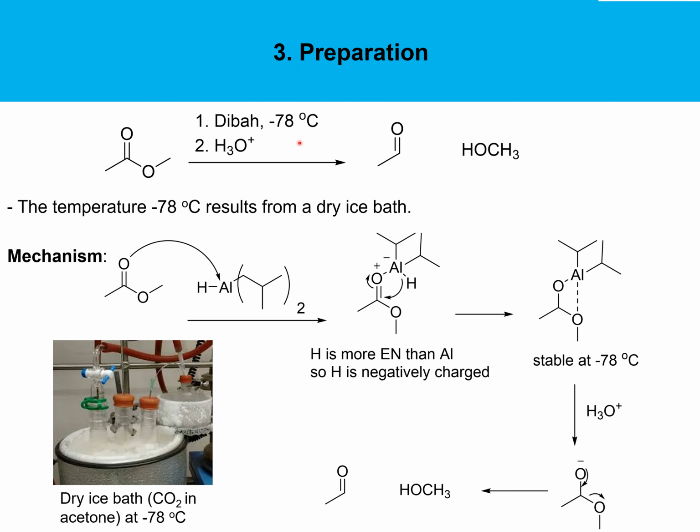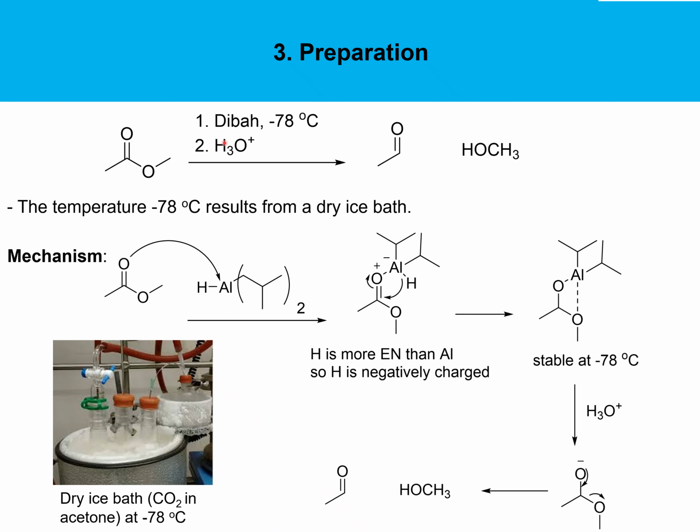It is just a practical temperature to work with, since mixing CO2 and acetone gives you a solution that is exactly at that temperature. We refer to this as a dry ice bath. It allows us to cool reactions to close to negative 80 degrees Celsius, which is the low temperature we need in order to make this reaction occur.